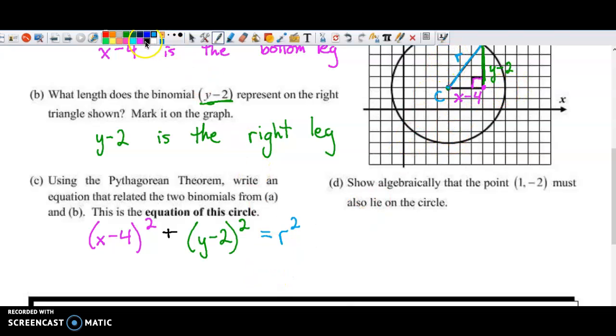So you'd probably see me write this answer as 5 squared is 25. That's how I got that number. And I'm also going to point out that the 4 and the 2 come from the center. 4, 2 is the center in that problem. But we would probably write the problem this way.